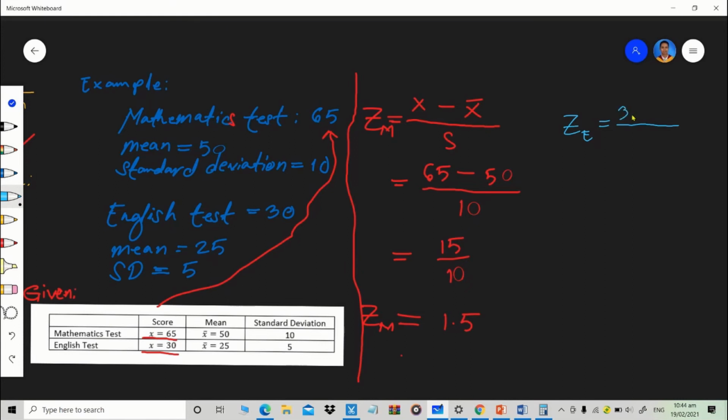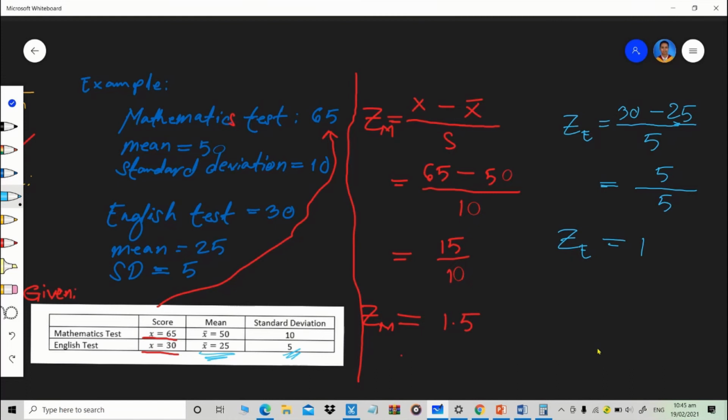So that is 30 minus yung mean, 25, over yung standard deviation ng English test. So that is 5. Equal lang ngayon sa 30 minus 25, so that is 5 over 5. Equal lang sa 1. Ibig sabihin, yung z-score natin para sa English test is equal lang sa 1.